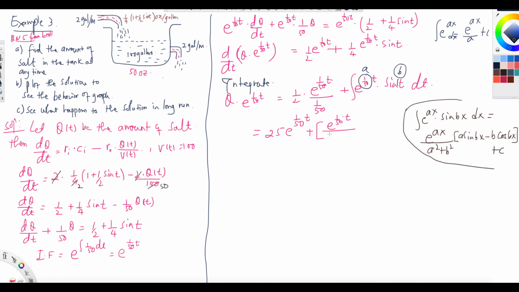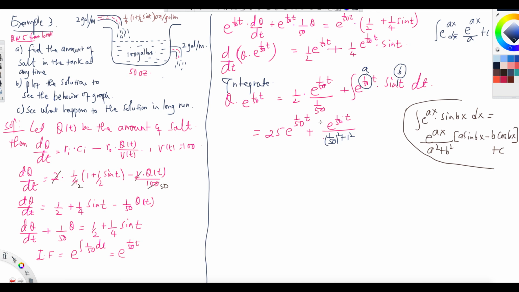So a square plus b square will be 1/50 square plus 1 square. So 1/50 square plus b square, which is 1, right?